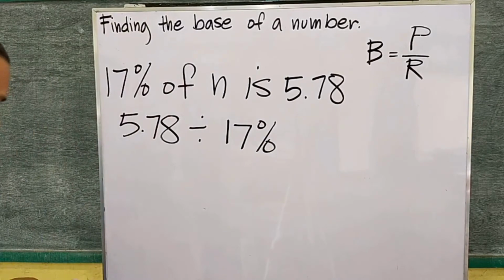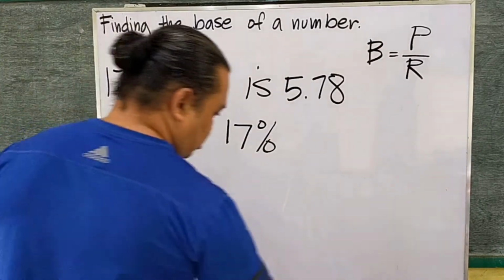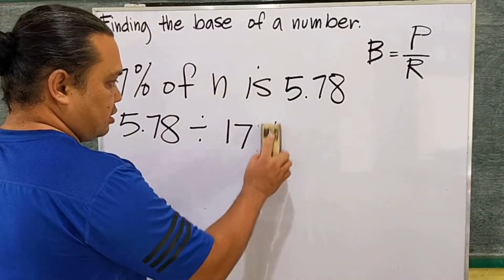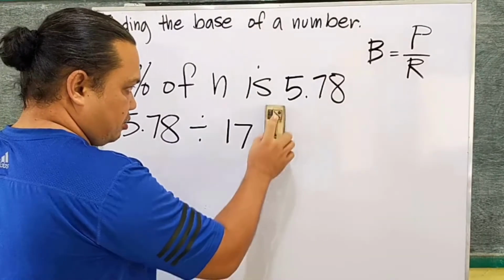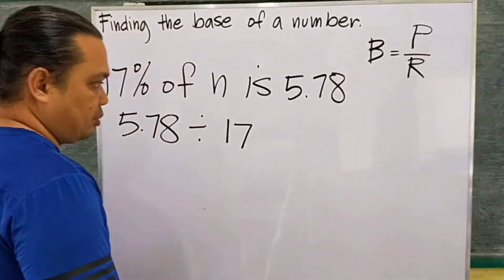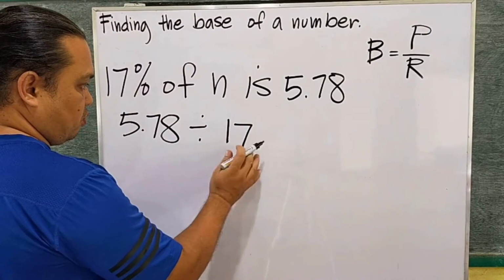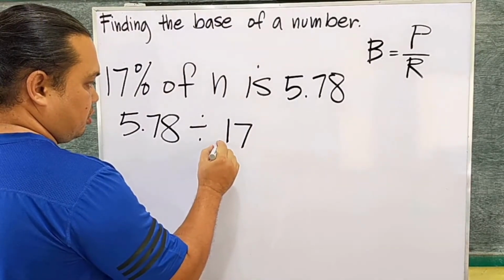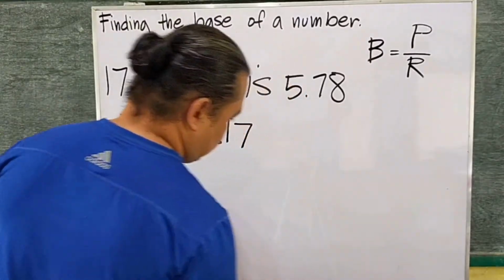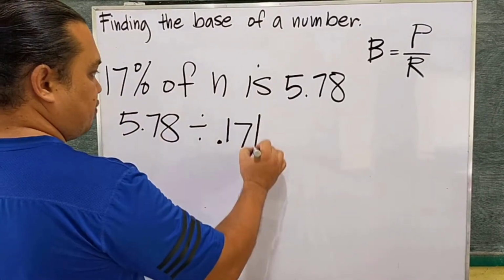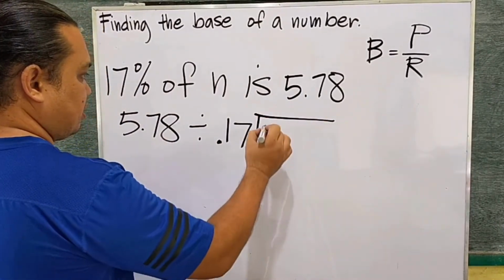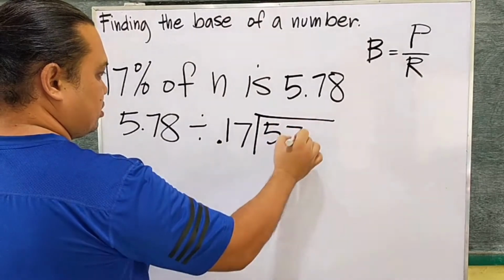Now to divide them, we need to change first the percent into a decimal number. Just move the percent sign 2 steps to the left. 1, 2, that's 0.17. So we have here for our dividend 5.78.